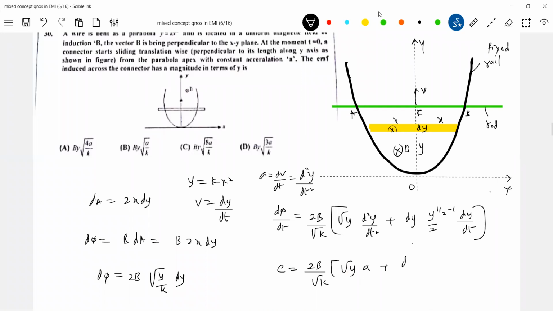So this will become dy by root y equal to, 2 will also come. dy by dt is v. dy by dt, no? That is v, no? That one also dy by dt, sir. This one, dy by dt whole square.